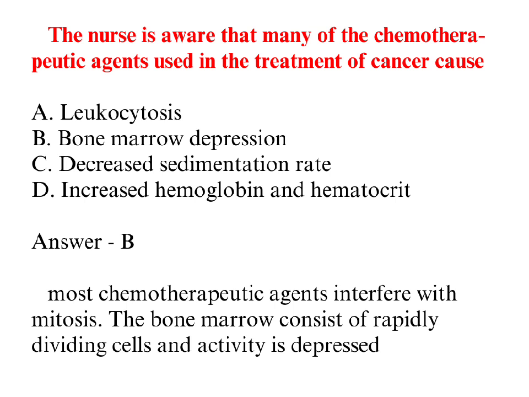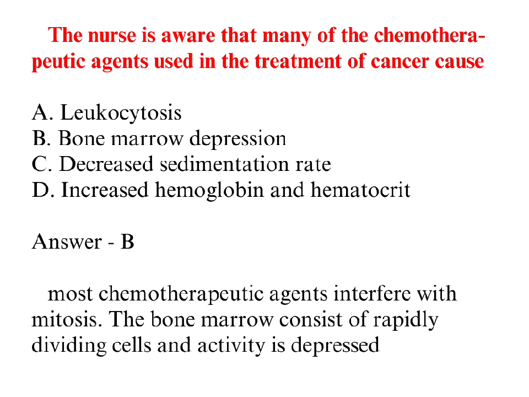The answers are A leukocytosis, B bone marrow depression, C decreased sedimentation rate, D increased hemoglobin and hematocrit. Leukocytosis means high WBC.